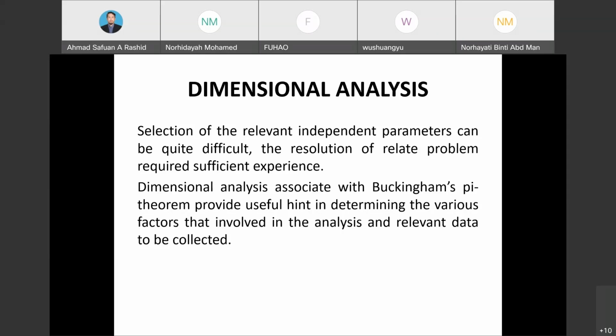Then came up with the dimensionless design chart.